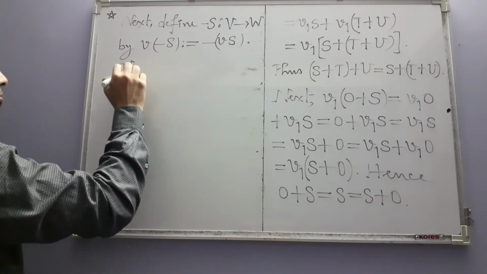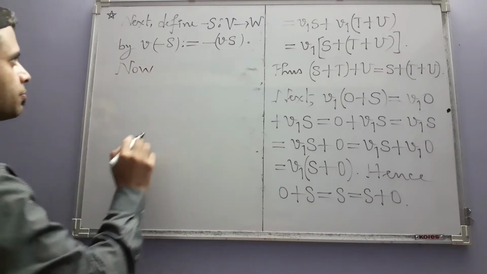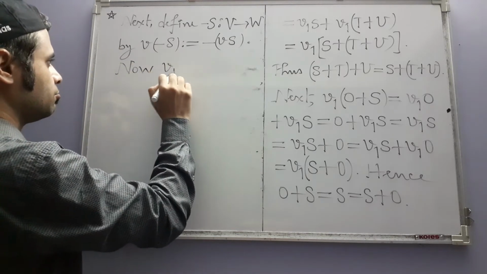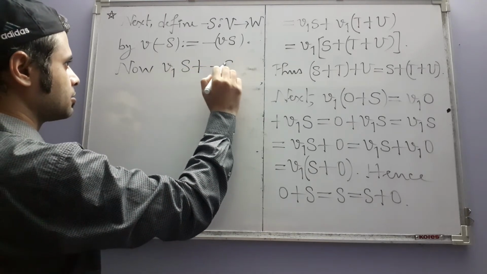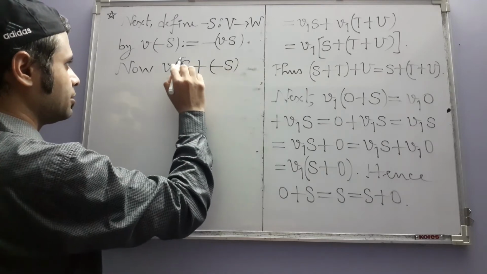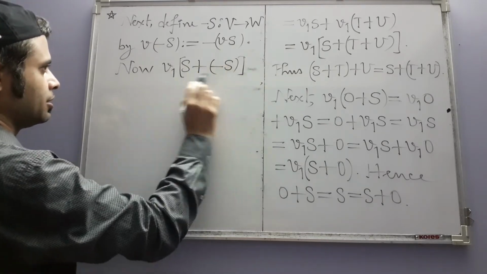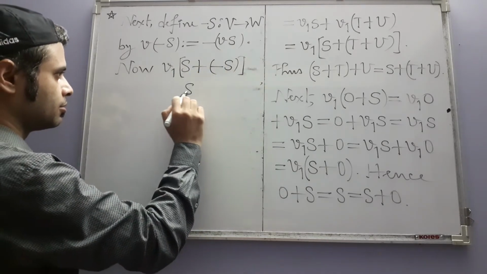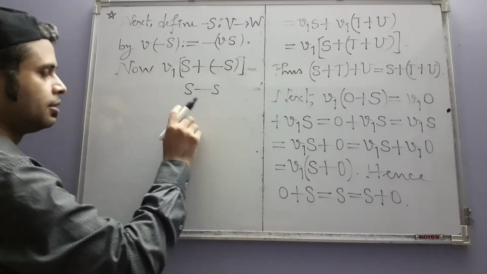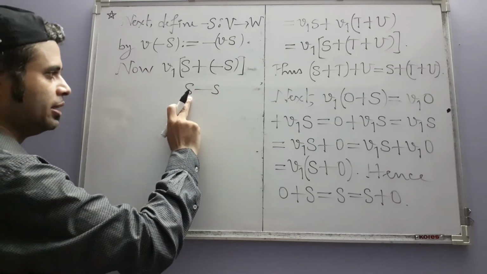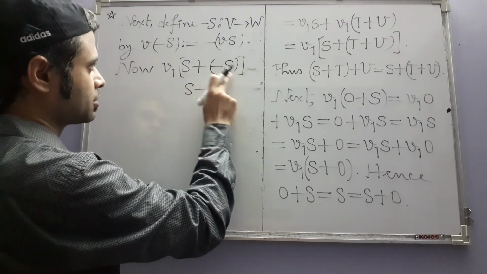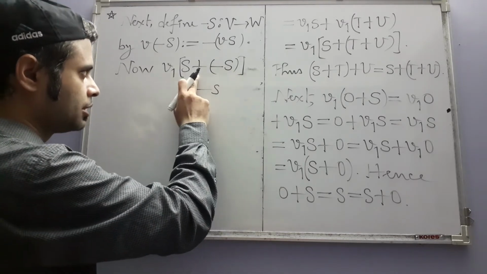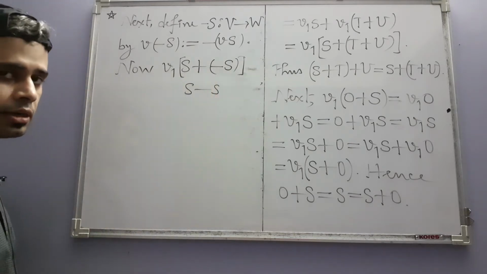Now, v1 (s plus minus s). We are being careful, we are not simply confusingly writing s minus s. The meaning of s minus s is just this, but we are keeping these two functions separate and we are showing the fact that actually we are considering their sum.